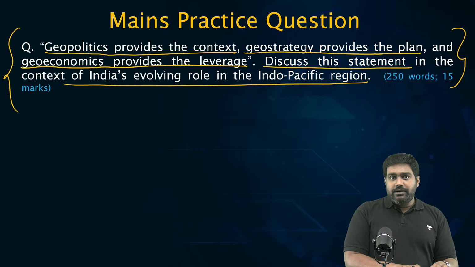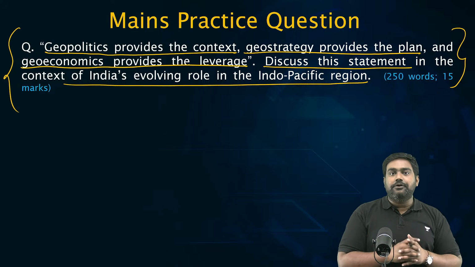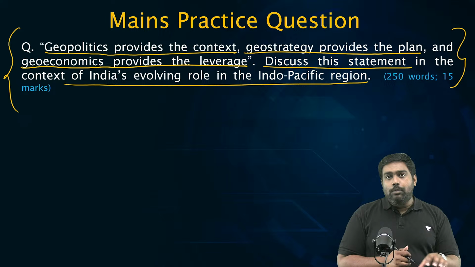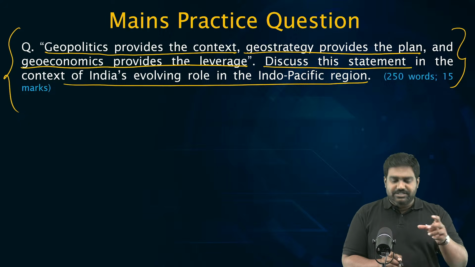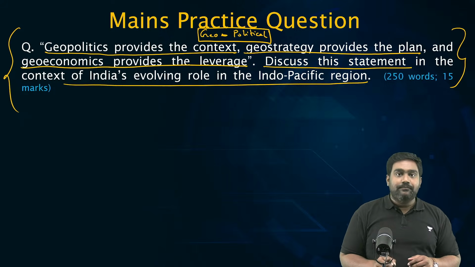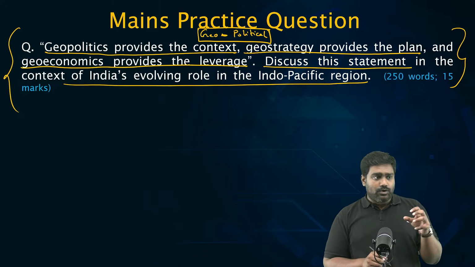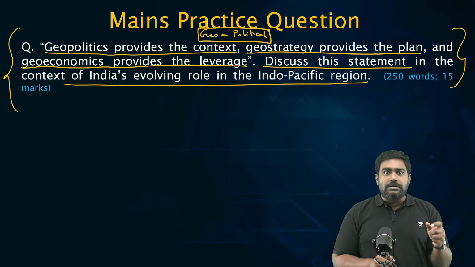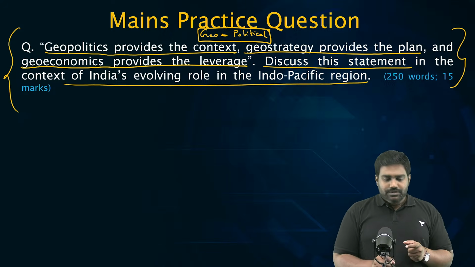The first statement is actually very beautifully crafted. Geopolitics gives you the context. It gives you the geographical, political context with regard to a country. By understanding geopolitics, you're basically dissecting the geography and politics of a place.